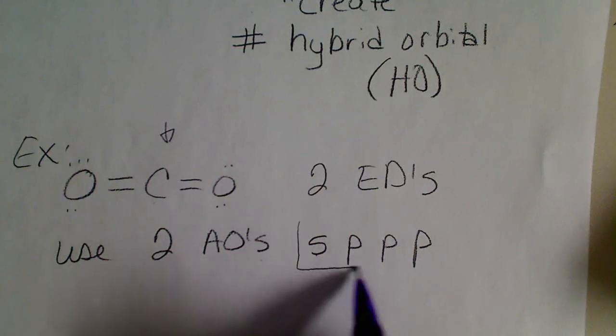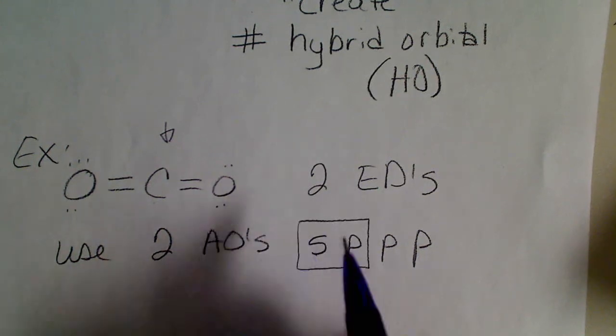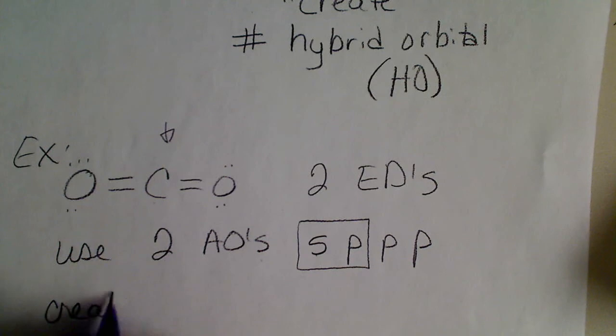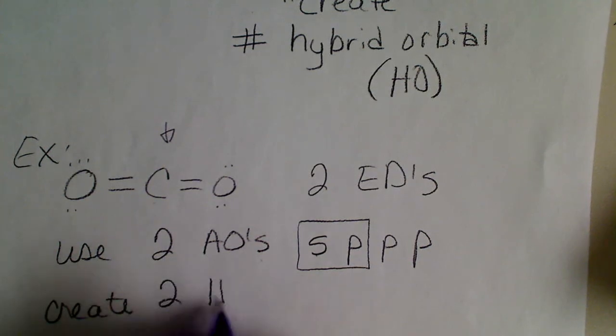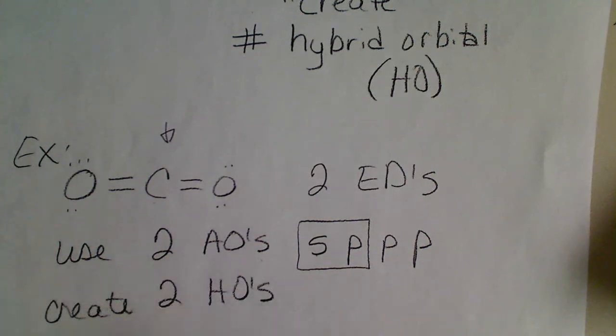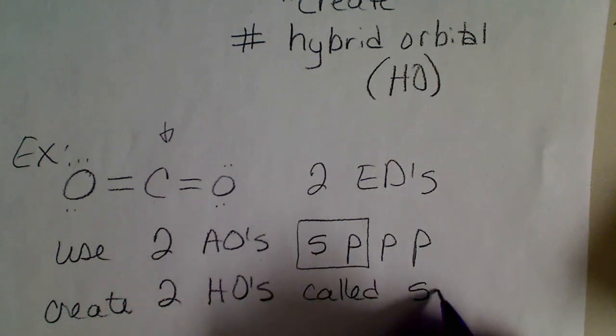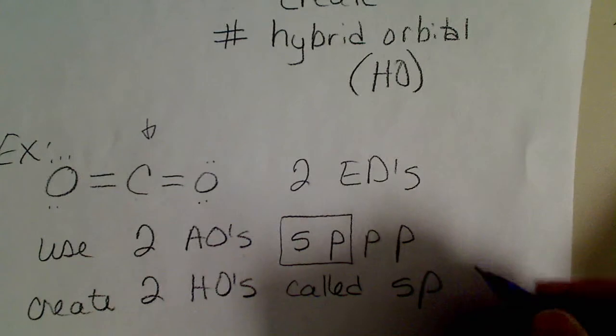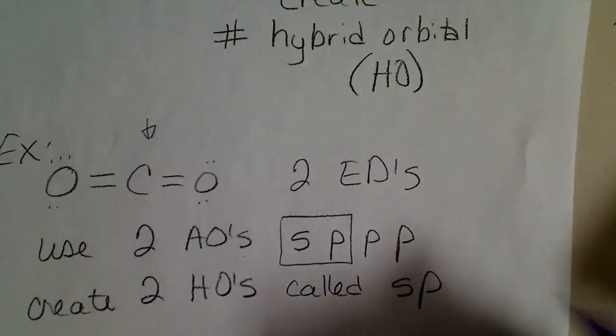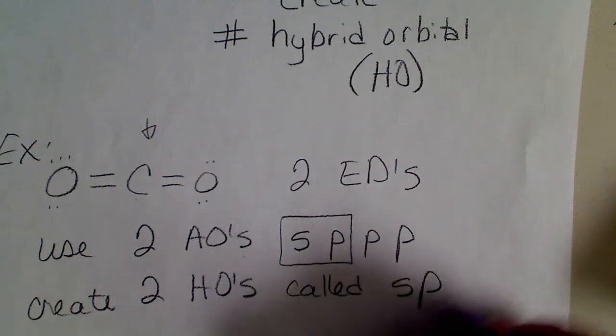I generally put a box around those. And we're going to create 2 hybrid orbitals. And they're going to be called sp hybrid orbitals because we use one s and one p orbital. So those are the hybrid orbitals.